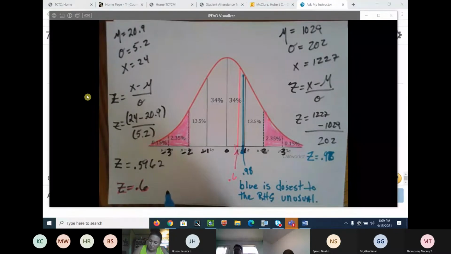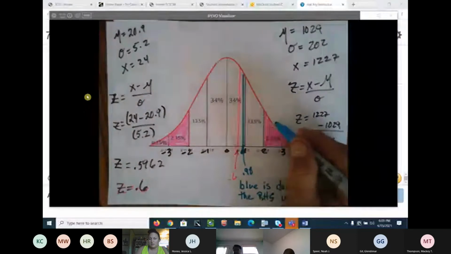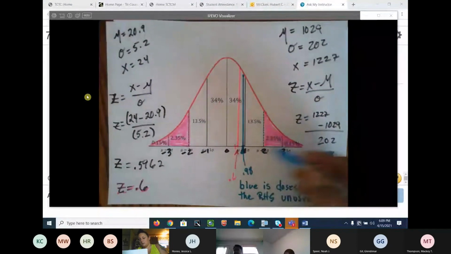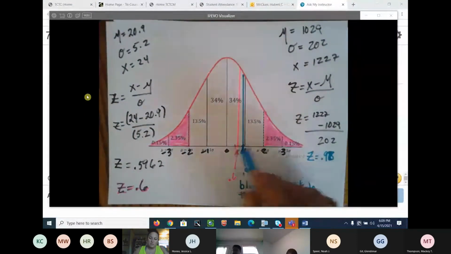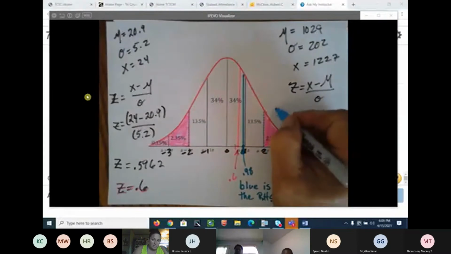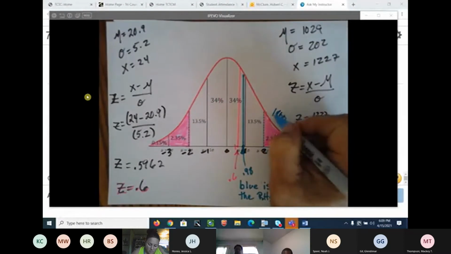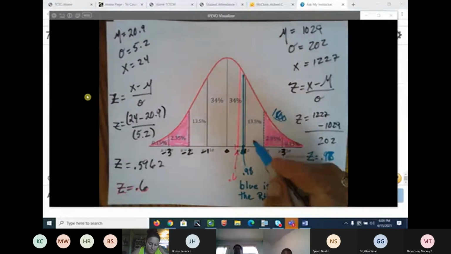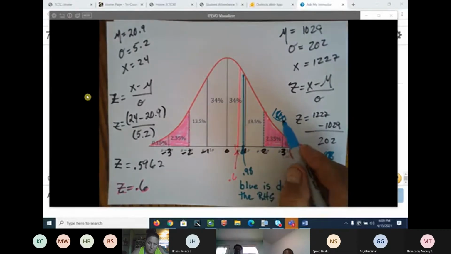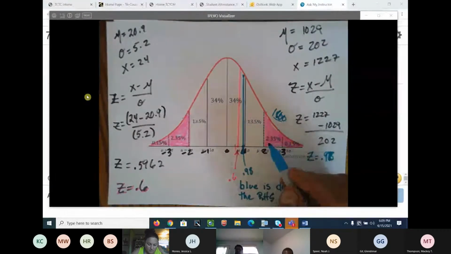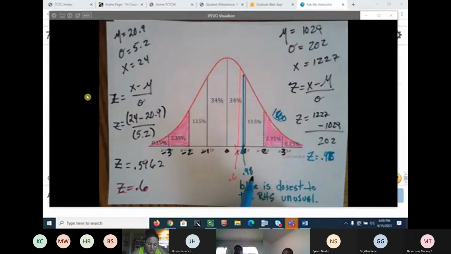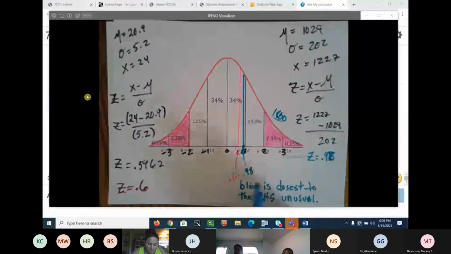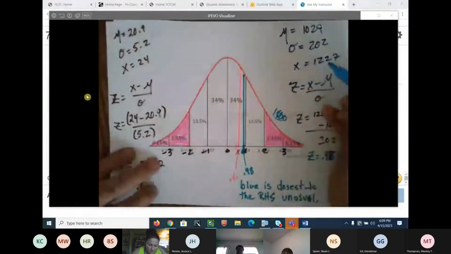An 1800 is unusual. So your highest score is going to be closest to the unusual. This is your 1800 SAT score out here. If your blue score is closest to 1800, then it's the highest score. So your 1227 is your highest score.